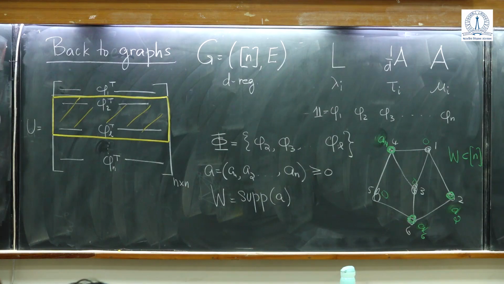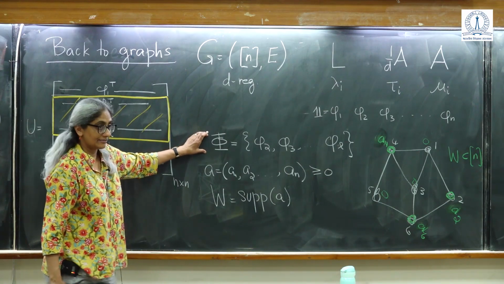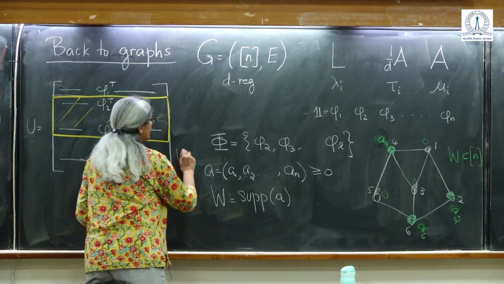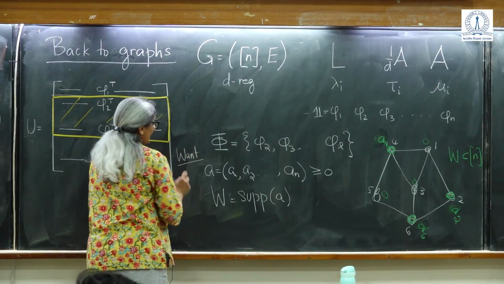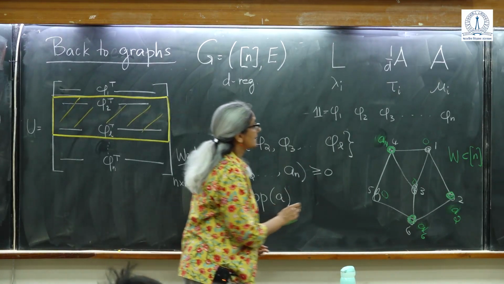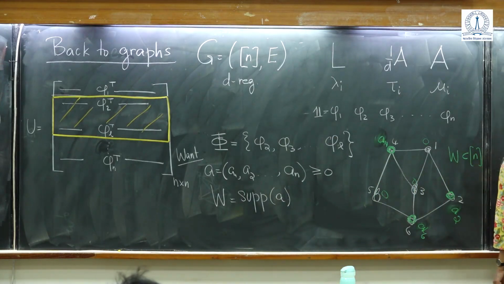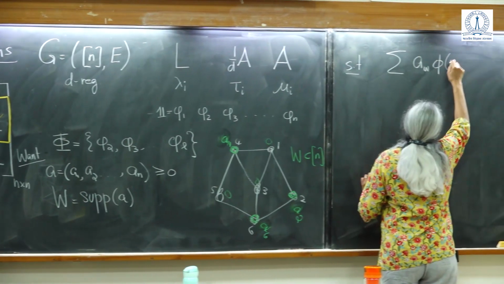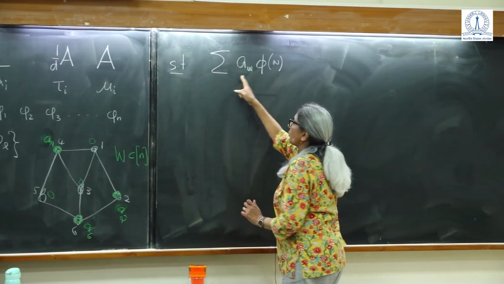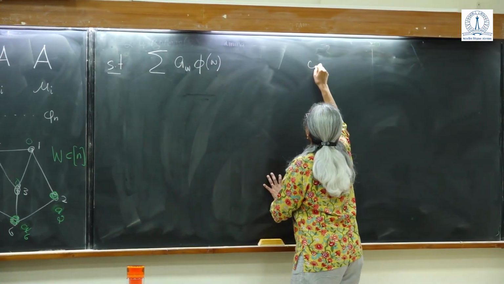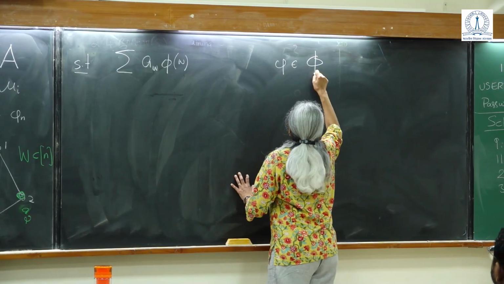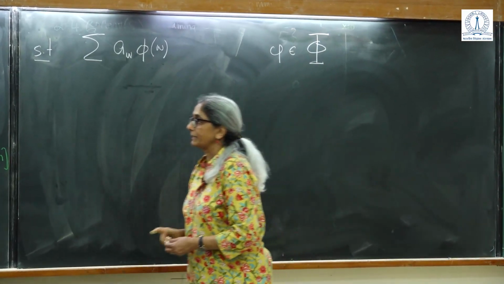So what does it mean to be a design? I know what I want to average, and what I want is an A vector such that when I take the weighted average of a phi that lives in this big collection Phi, okay? The big collection Phi is the yellow collection.